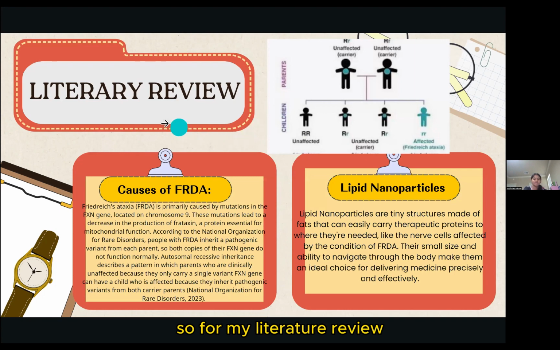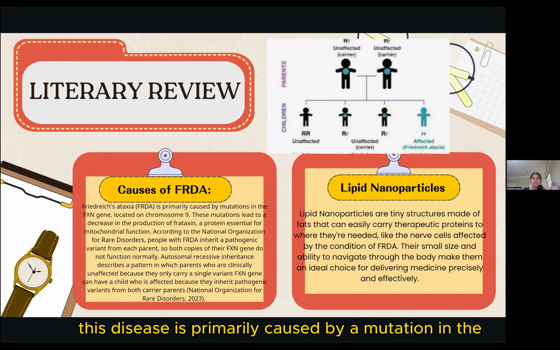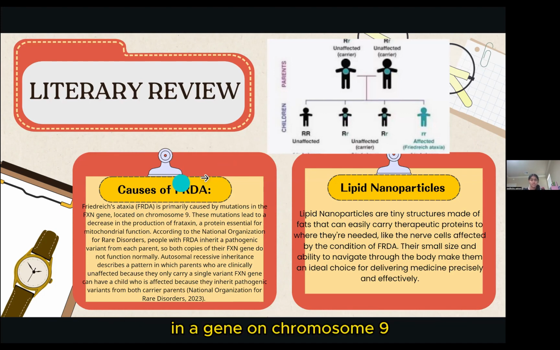So for my literature review, I first would like to talk about the causes of Friedreich's ataxia. This disease is primarily caused by a mutation in a gene on chromosome 9, and these mutations lead to damage in a gene in the mitochondria, which severely disables its function.